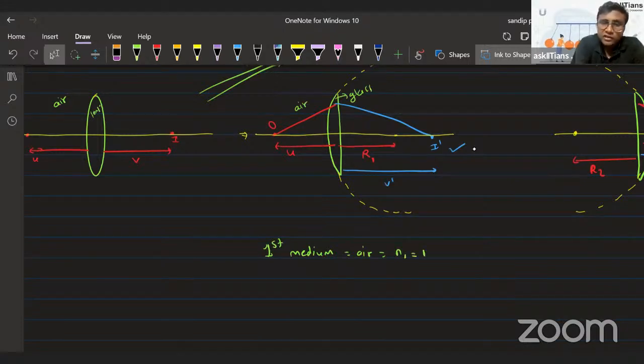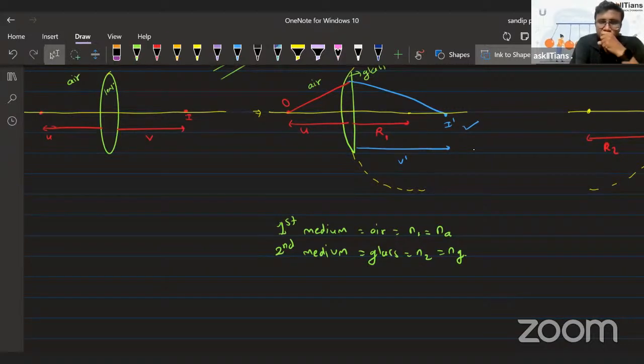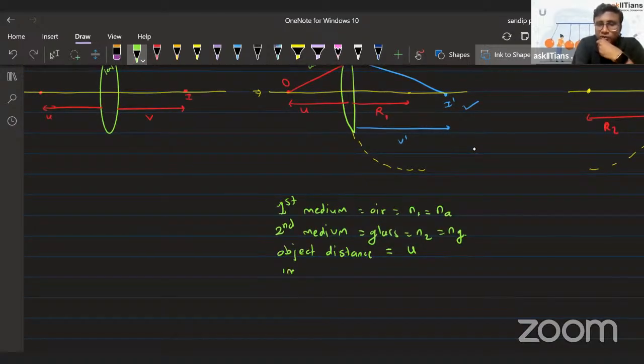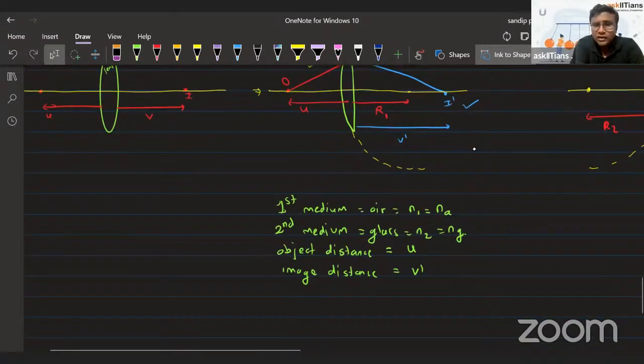Second medium is glass, so N2 is Ng. Then object distance here is U. Image distance is V dash, not V. It is V dash. That is the first image formed by only the first half part, we can say, right? And radius is R or R1.